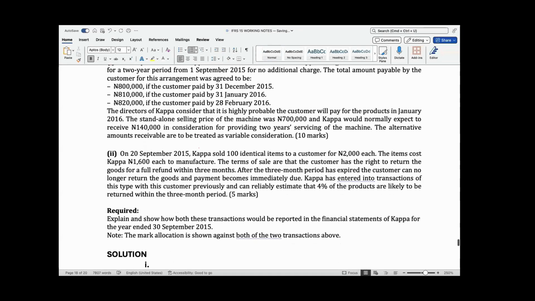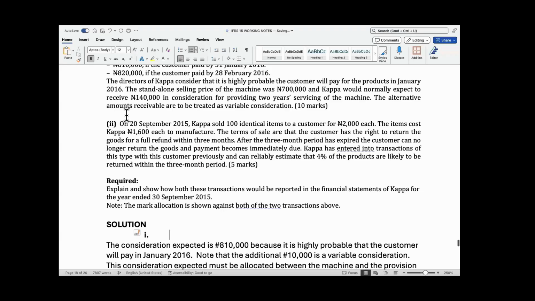Now the II, this one, we sold 100 identical items to a customer for 2,000 naira each. The items cost 1,600 each to manufacture.